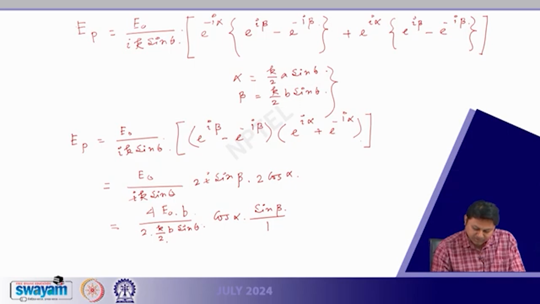I just want to put this sin of beta divided by beta term, so that I can write in a compact way.